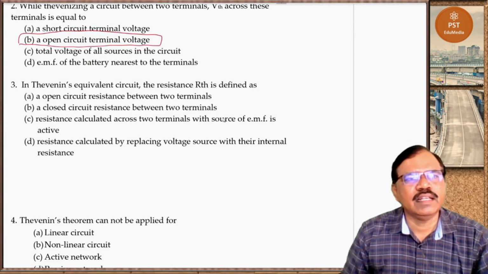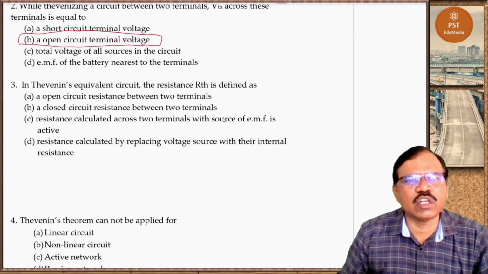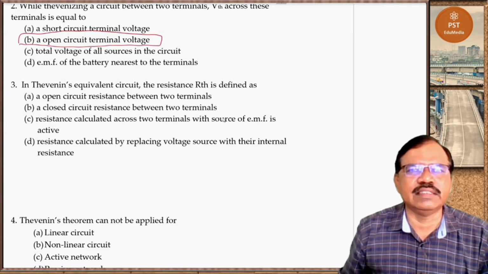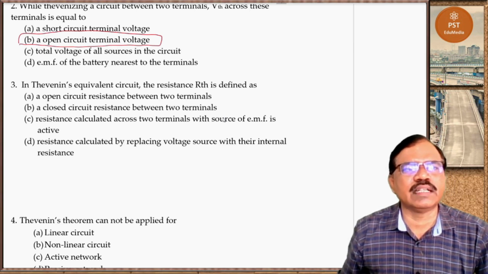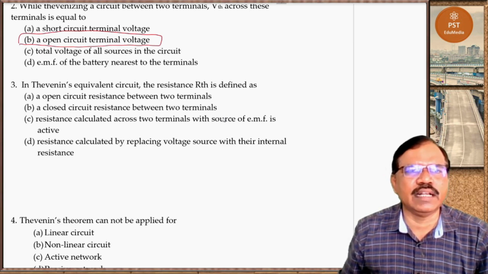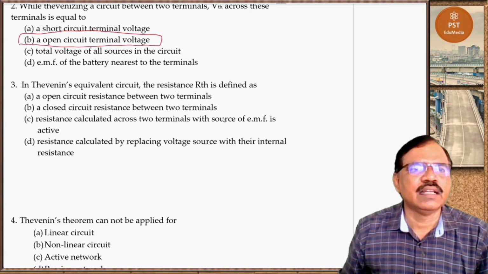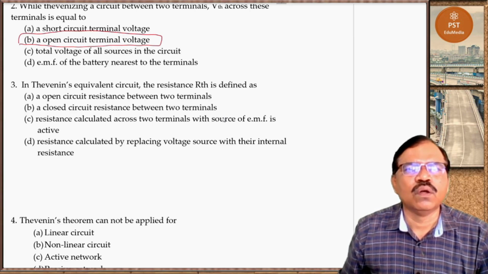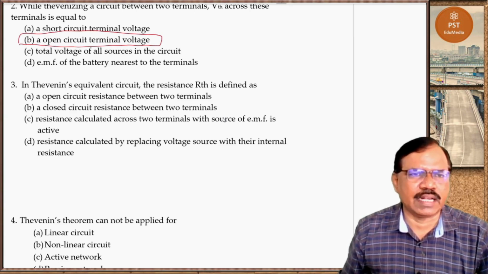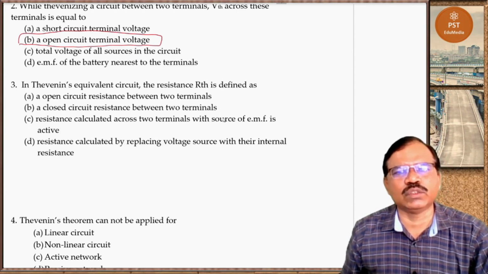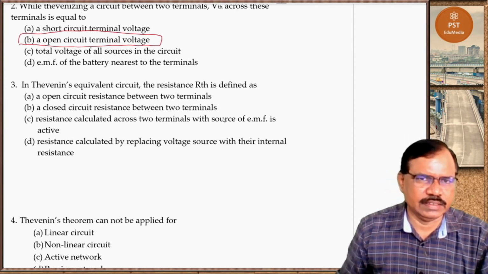Next one, in Thevenizing equivalent circuit, the resistance RTH is defined as, that is Thevenin's resistance: a open circuit resistance between two terminals, a closed circuit resistance between two terminals, a resistance calculated across two terminals with source of EMF active, and resistance calculated by replacing voltage source with their internal resistance.